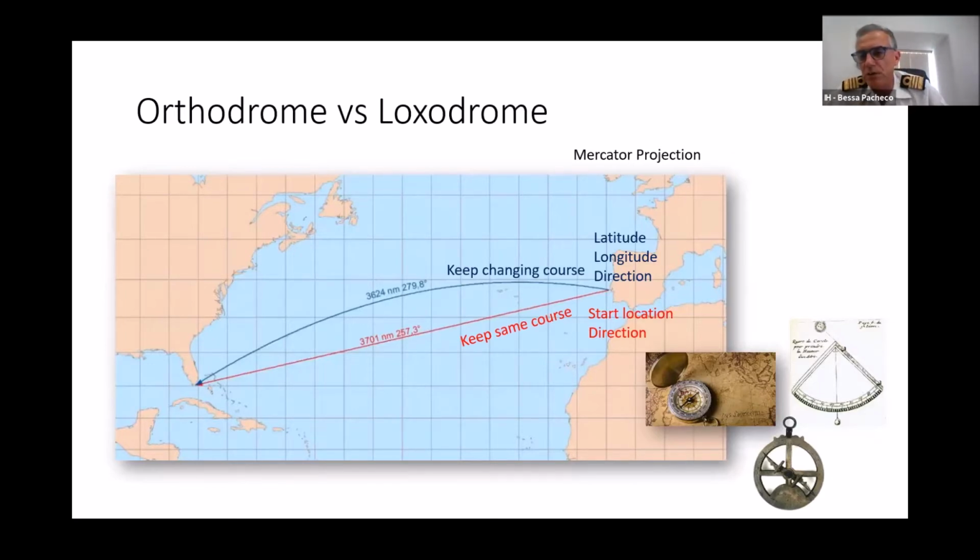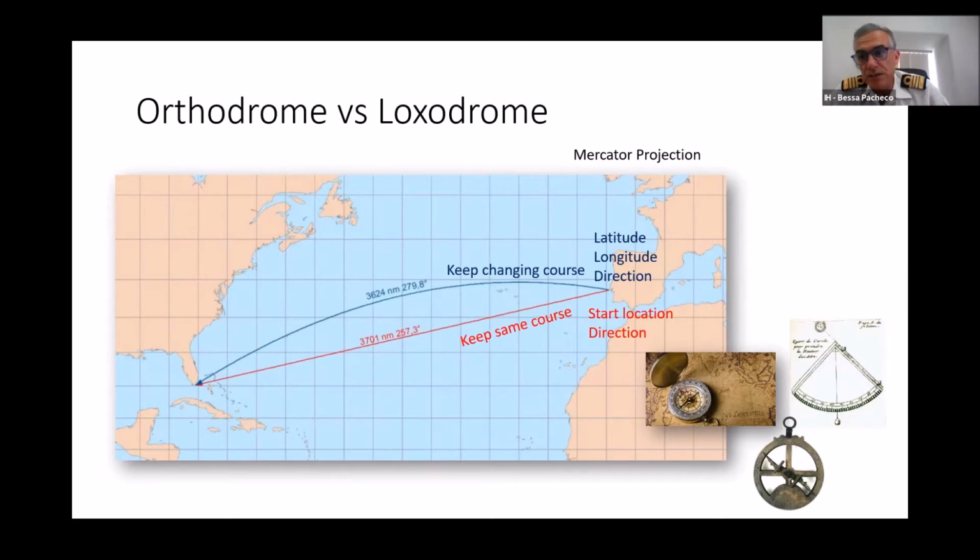Another concept I would like to talk about is, how do we sailors go from point A to point B? We have two major ways of doing it. Either we go through the orthodrome, the line with the shortest distance between 2 points on Earth, or we follow the loxodrome.